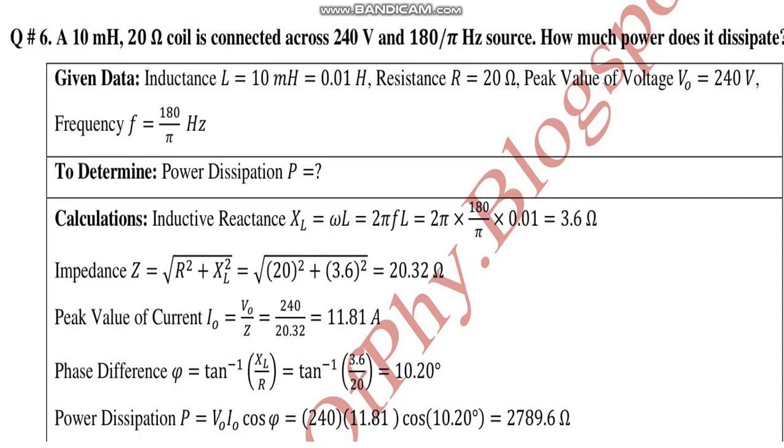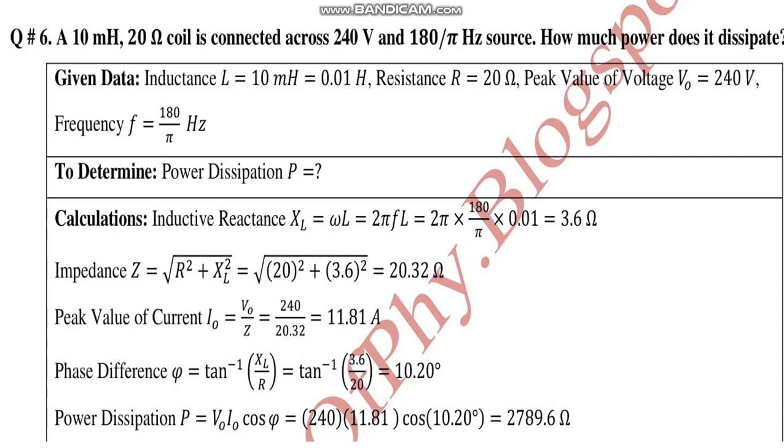We converted that, so we write here 0.01 H, resistance R is equal to 20 ohm. Peak value of the voltage V naught is given in the question, that is 240 volts. And frequency is also given in the question, 180 over pi Hz.